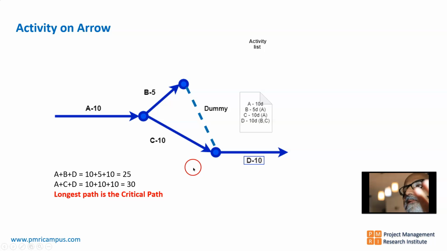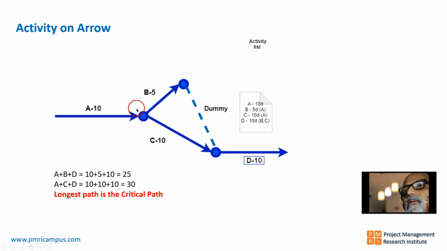So this is another example for an activity on arrow diagram. Activity A 10 days duration, activity B 5 days duration, activity C 10 days duration, and activity D 10 days duration.